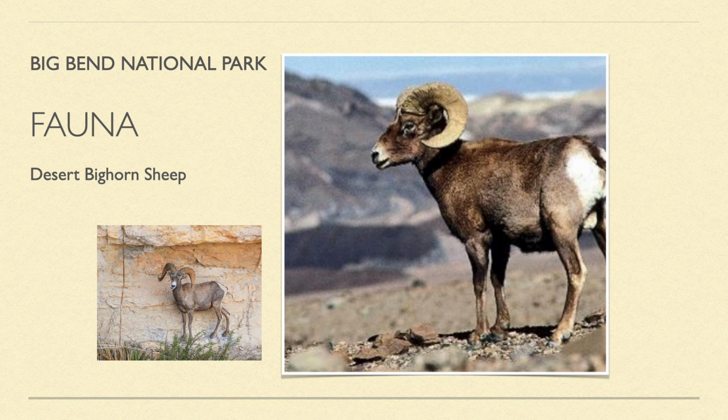Now, these sheep are specifically adapted to this environment. They can navigate those limestone cliffs, the cliffs that are in the park, really well. That rocky terrain, they can navigate it with speed because of their particular specialized hooves that God granted them.